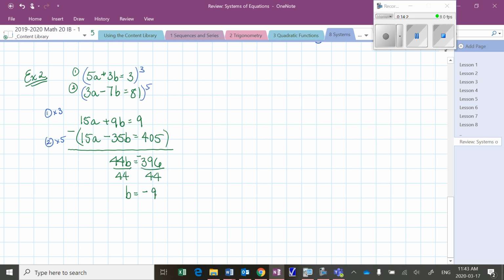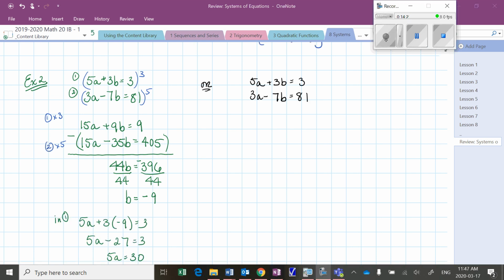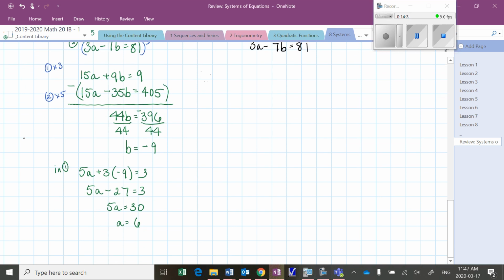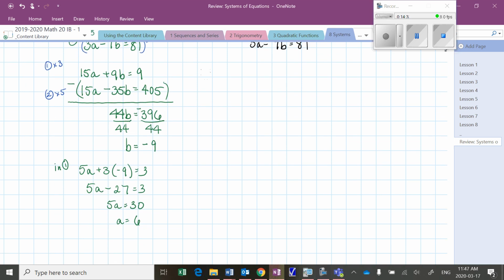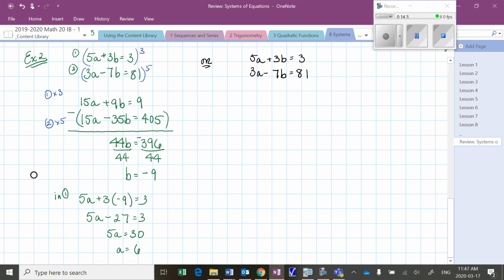So why don't you just hit pause, solve for a, and then we're going to go through this one again by looking at the opposite. Okay, so sorry, let's just scroll up for a second so you can see that I substituted b equals -9 into the first equation and back into the original.